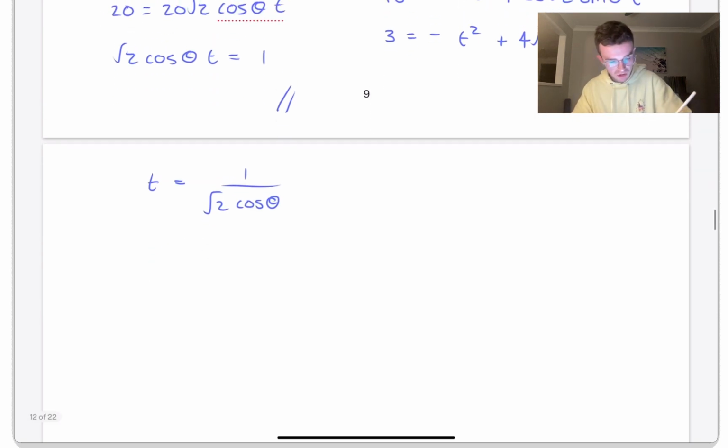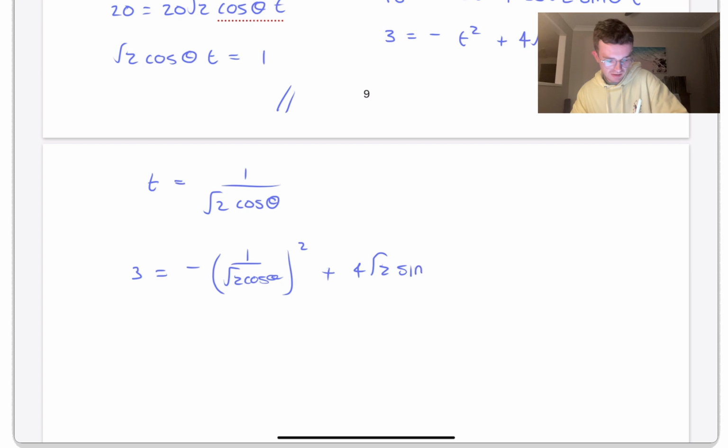So let's substitute that into 3 is equal to minus t squared plus 4 root 2 sine theta t. So 3 is equal to minus 1 on root 2 cos theta all squared plus 4 root 2 sine theta times 1 on root 2 cos theta. Can do some cute cancelling. That cancels, that cancels.